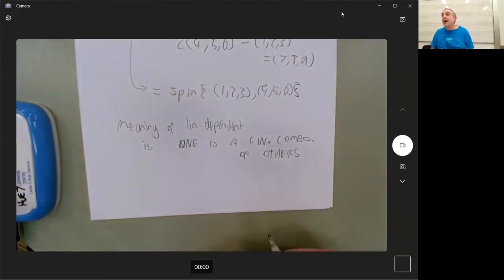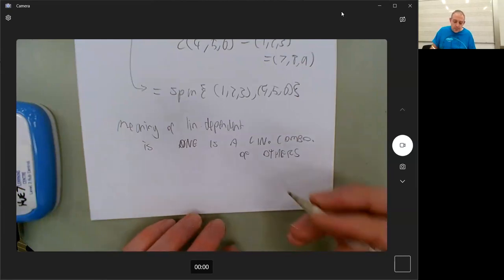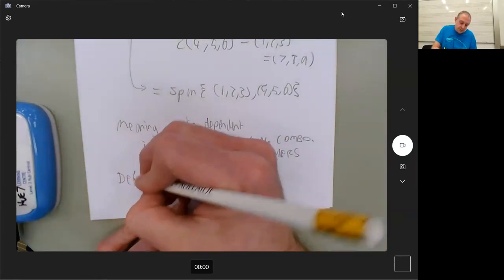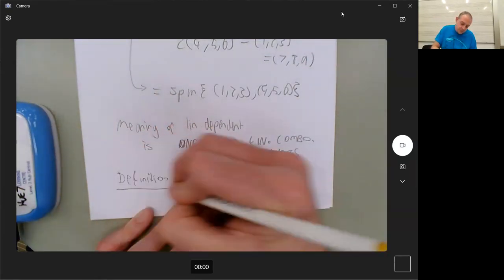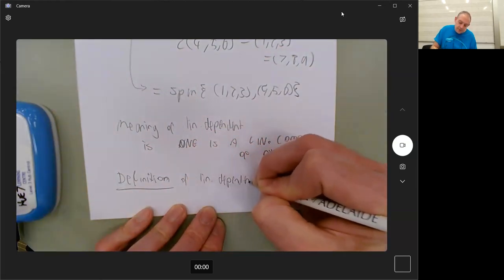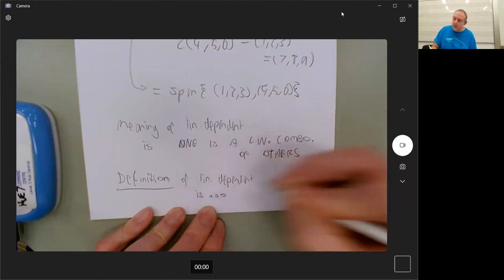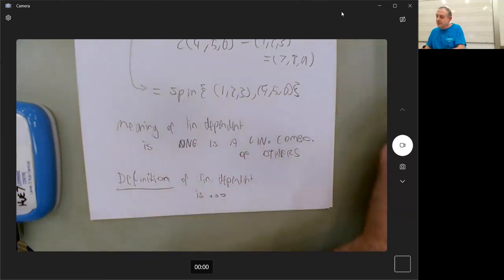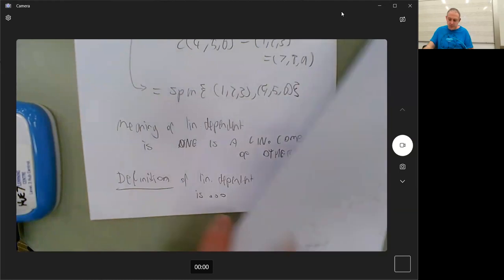It doesn't matter how many it's a linear combination of. It's probably true that every one of them is a linear combination of all of the others, but just pointing it out. The definition of linearly dependent is on the next page. I feel like Osher Ginsberg saying it's after the break.